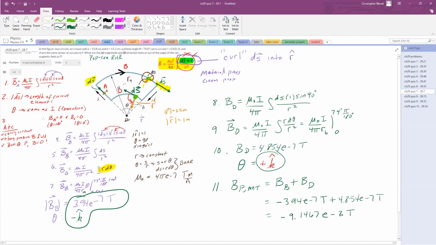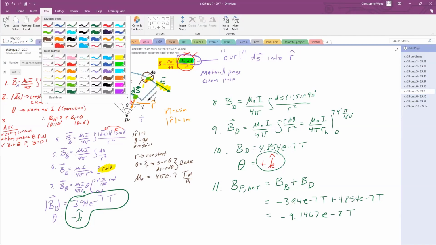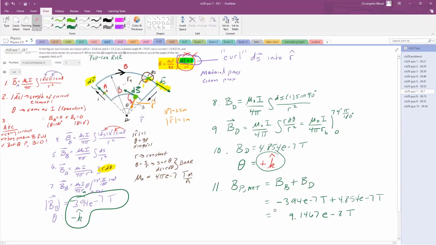That's fine, direction. My result is, I mistakenly wrote down this as negative. My result is a positive value. So that's why I agree that it's out of the page, or plus k hat direction.